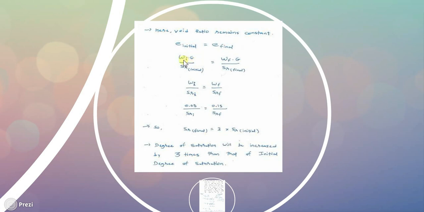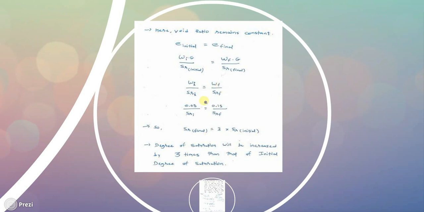So I'll put suffixes in W and S R. Initially the water content was W i, finally W f. Initially the degree of saturation was S R initial, finally it was S R final. If I compare both, the specific gravity will be gone. So W by S R initial is equal to W by S R final.